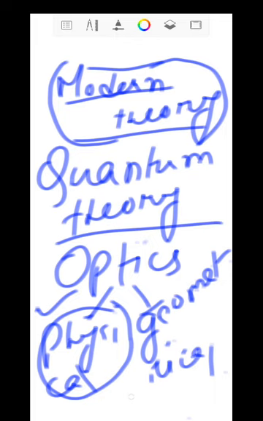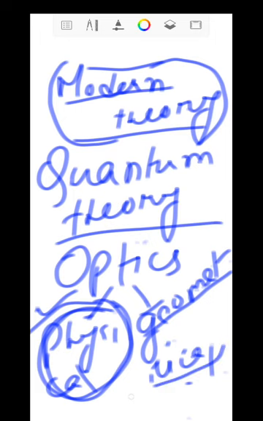So physical optics always explains the diffraction phenomenon, interference, polarization, etc. And geometrical optics deals with the properties of light which are described with straight lines and plane geometry.